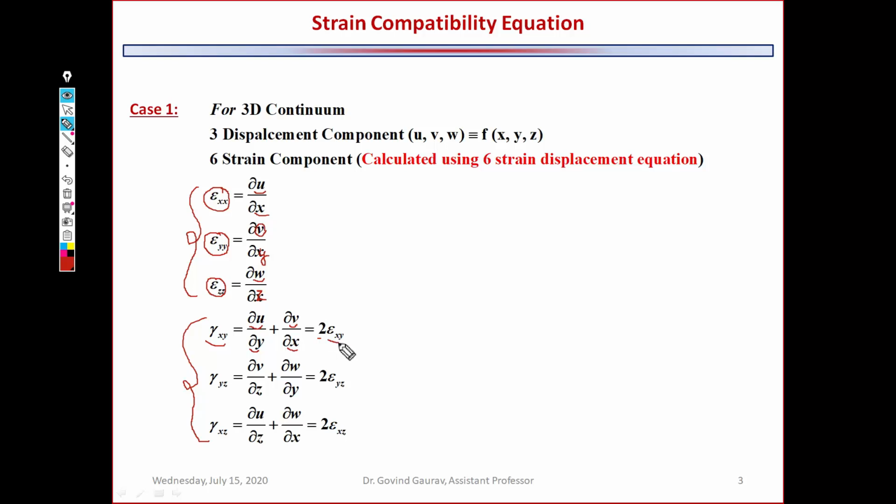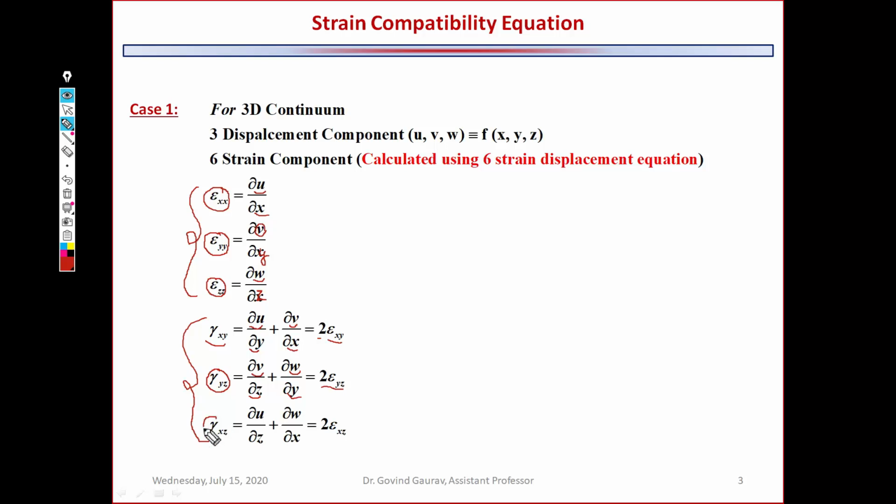Similarly, we can calculate the shearing strain gamma yz, which is the partial derivative of the displacement in the y direction with respect to z, plus the partial derivative of the displacement in the z direction with respect to y, which is equal to 2 epsilon naught yz.